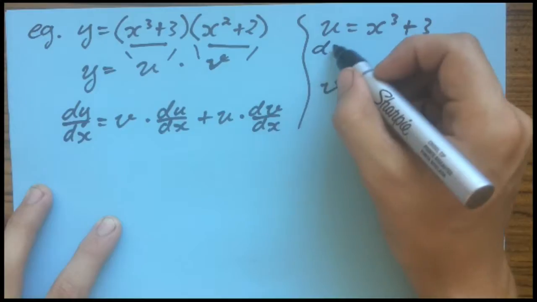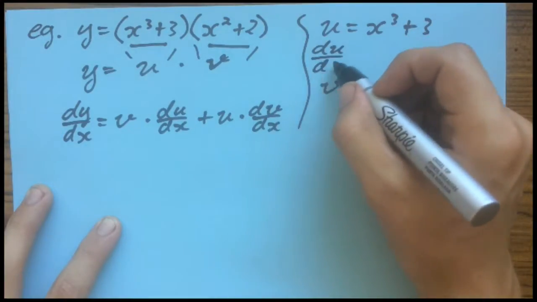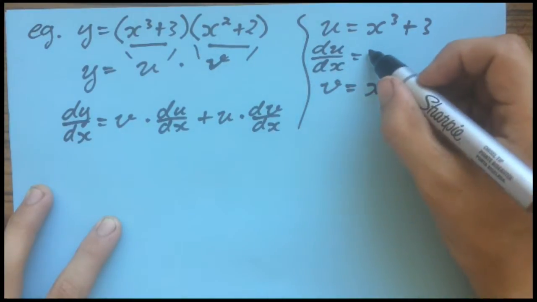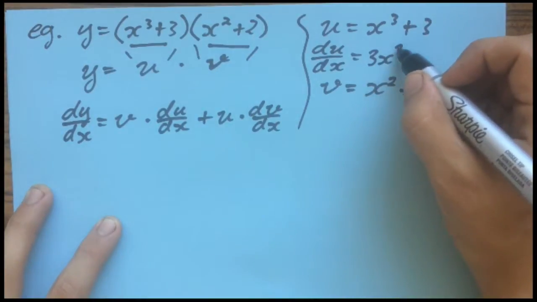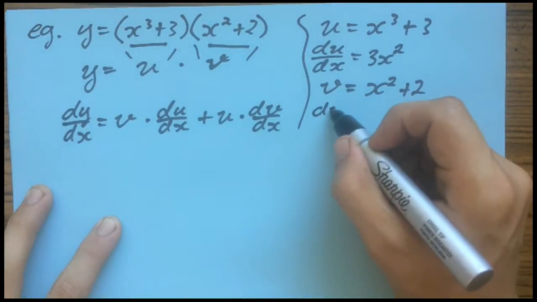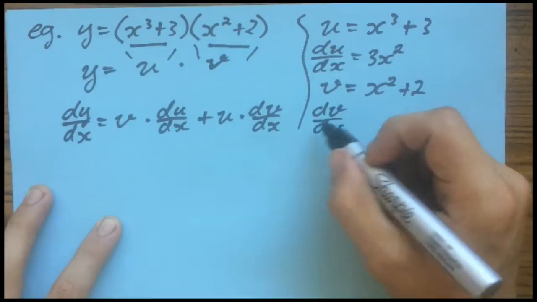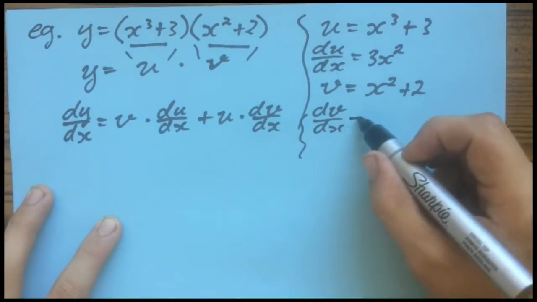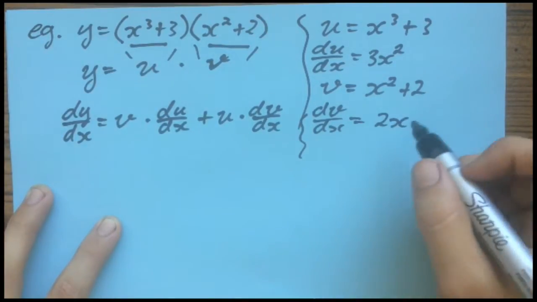So we find the derivative of u and the derivative of v to fill in this equation. The derivative of u with respect to x is 3x to the power of 2, and the derivative of v with respect to x is 2x.